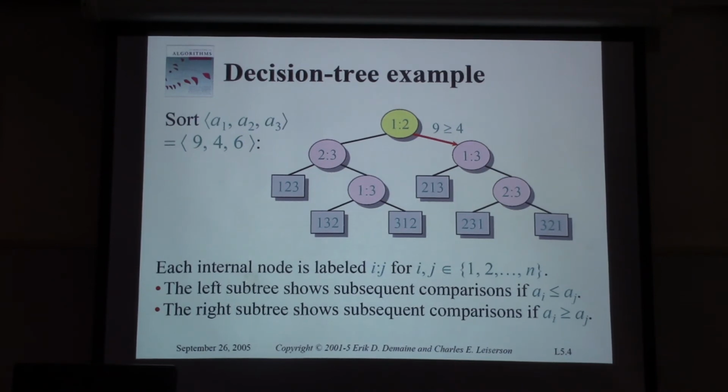Basically, what we're seeing from the decision tree is that every time we compare 2 elements, we can end up in any of 6 different places. The reason is that there are 6 permutations with 3 unique elements, and in general n factorial permutations with n unique elements.